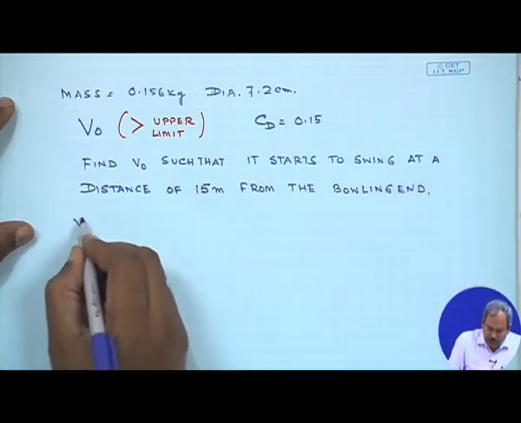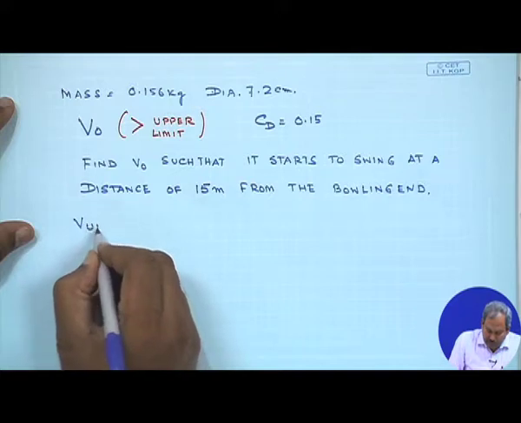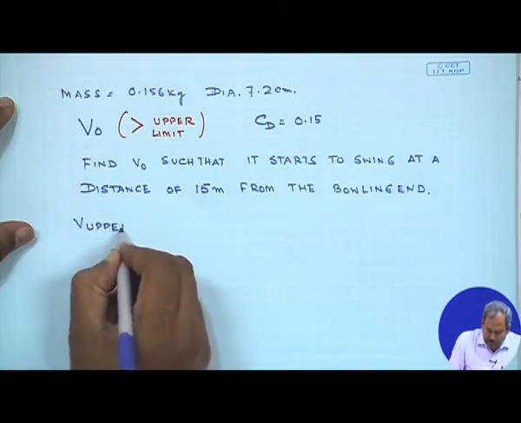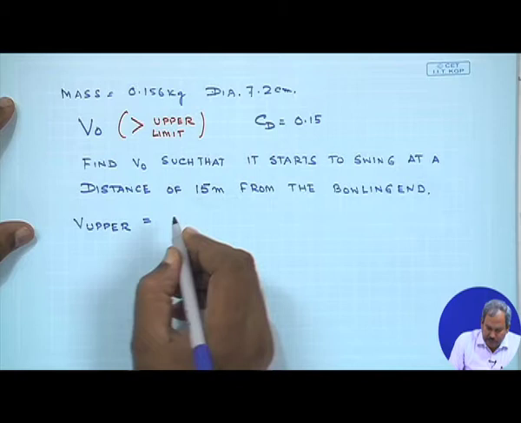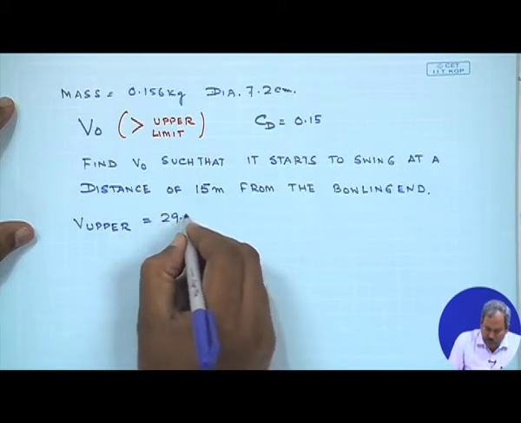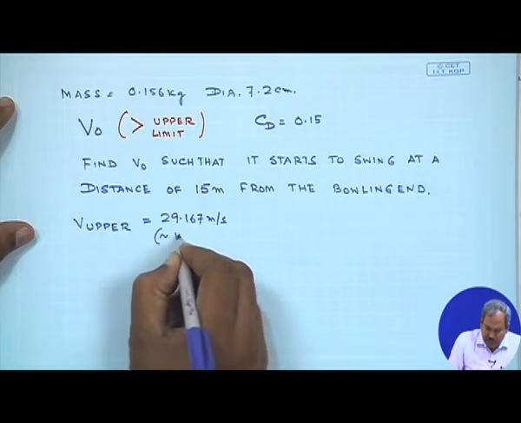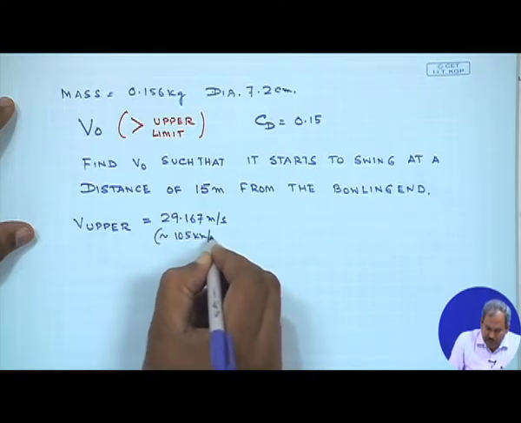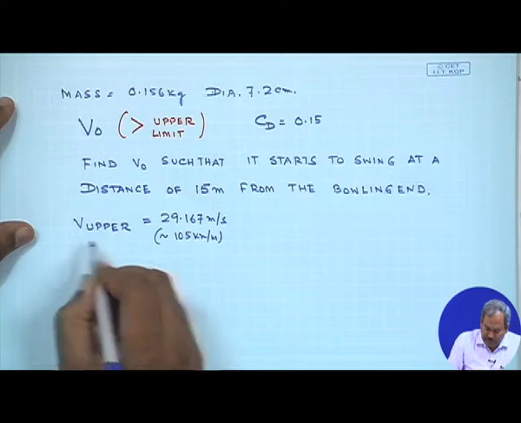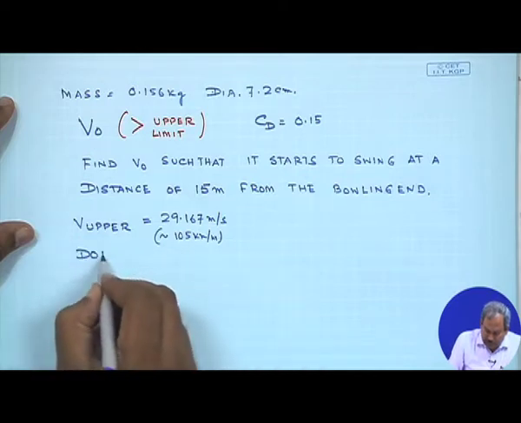And we already know from the previous part that V upper is 29.167 meter per second, which is equivalent to 105 kilometer per hour. This is when it does not encounter the seam.